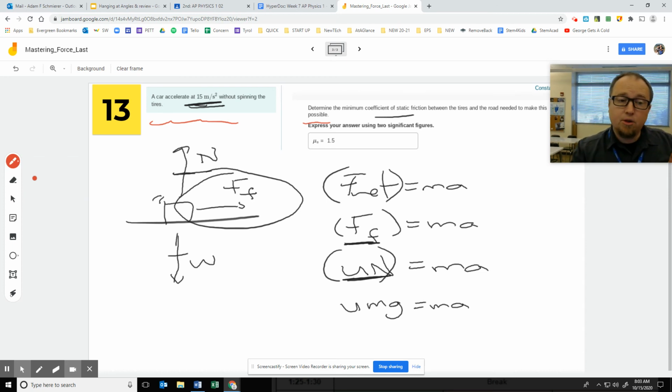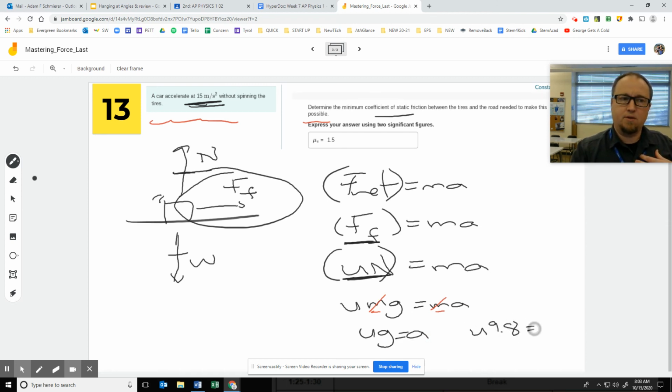No. But look at both sides here. See how there's mass on both sides? If I divide one side by m, what do they do? Cancel out. So I'm left with mu g equals a. So mu times 9.8 equals a. So I get 15 divided by 9.8. I get 1.53.